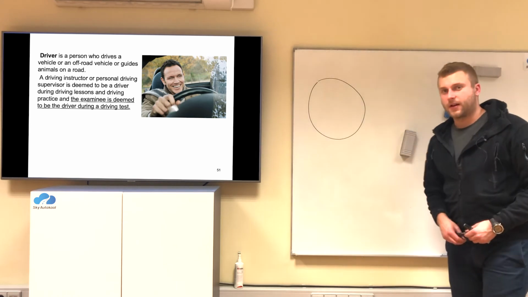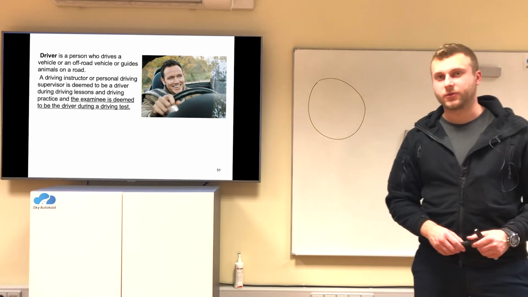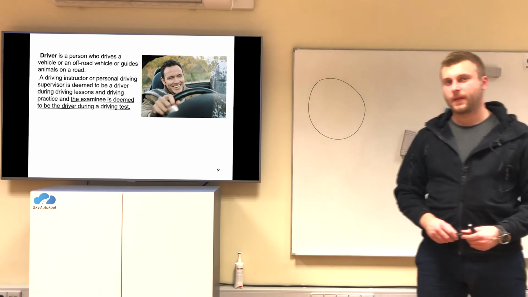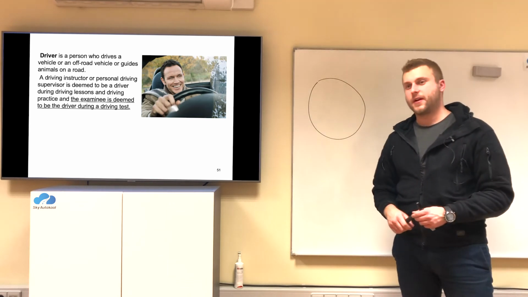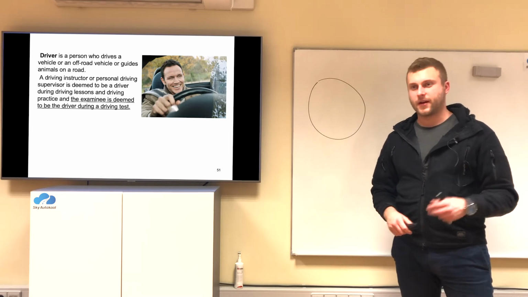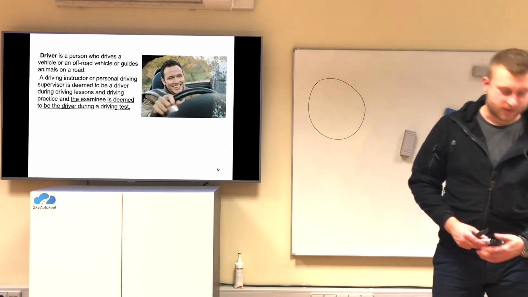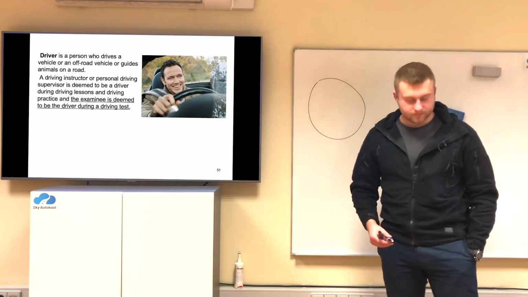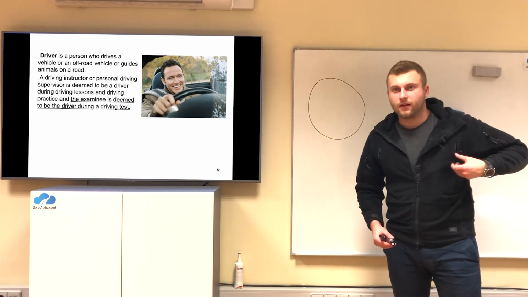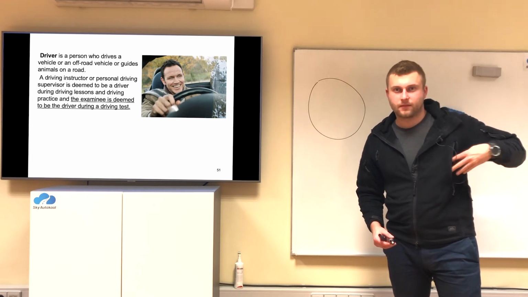How do you think, if my motorbike is broken and I'm walking with this bike on the road? Am I a driver, or who am I then? Pedestrian, or what, in this situation?